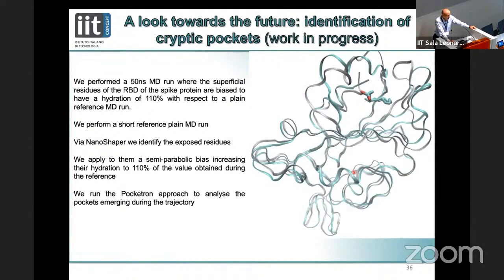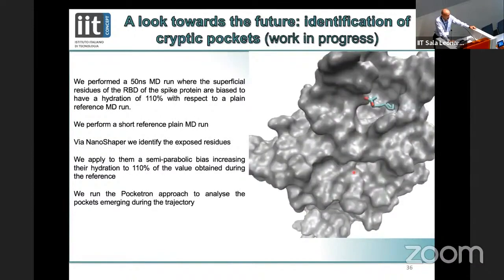And this is what we actually obtained by simply bringing the local hydration from the 100% that was measured in a plain molecular dynamics before to the 110%. So by slightly increasing the propensity of the surface to attract, to interact with water molecules, you of course convince many regions to be more exposed.